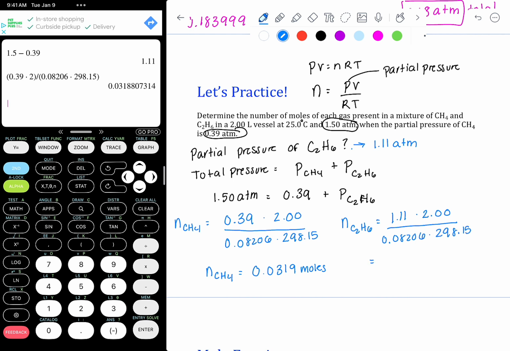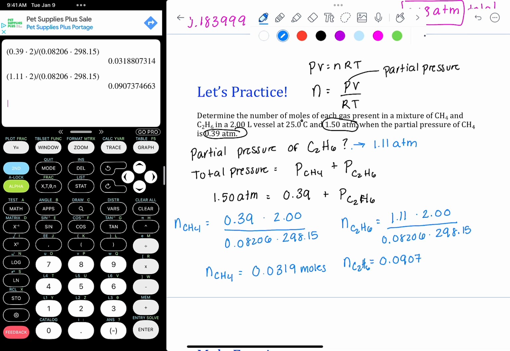So now it's just plugging it in. 1.11 times 2 divided by 0.08206 times 298.15. And we get the number of moles of C2H6 to be 0.0907. And those are the final answers for that problem.